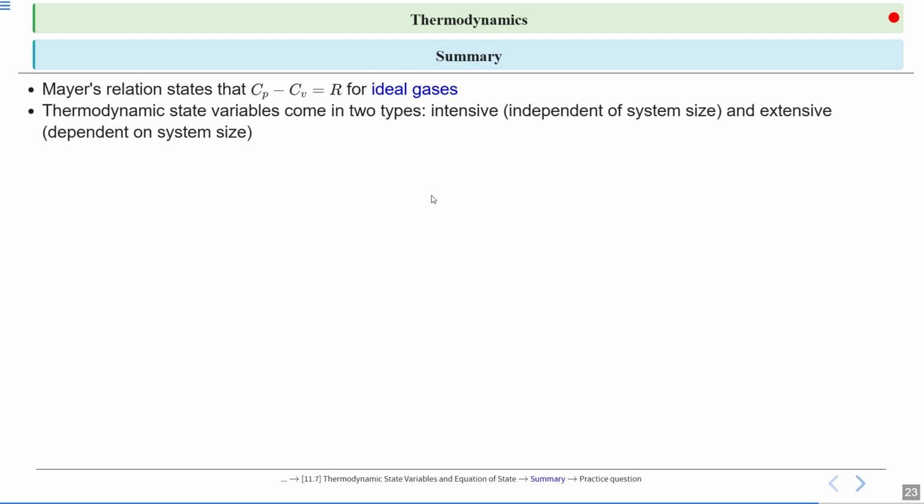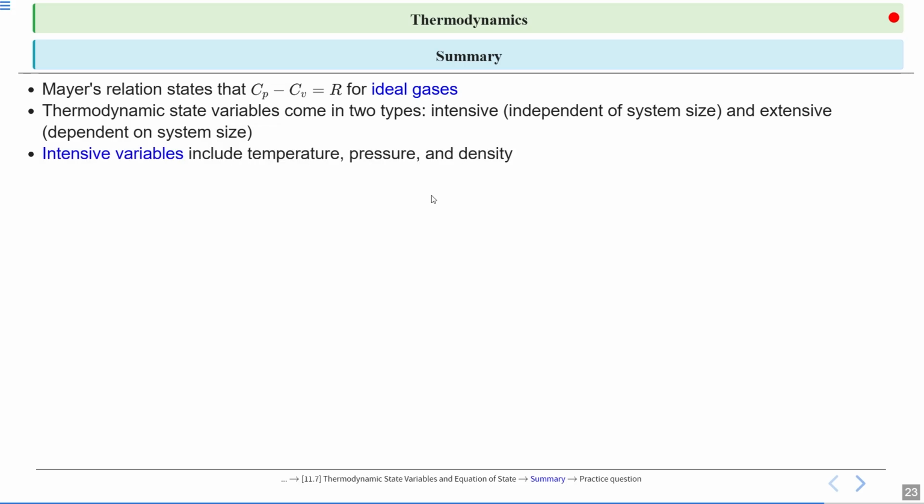Thermodynamic state variables come in two types: intensive variables and extensive variables. Intensive variables are independent of system size; extensive variables are dependent on system size.